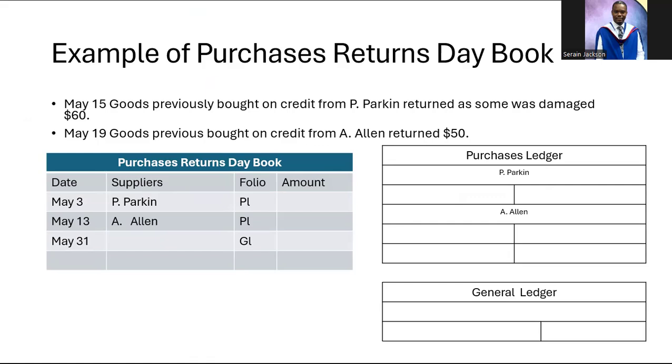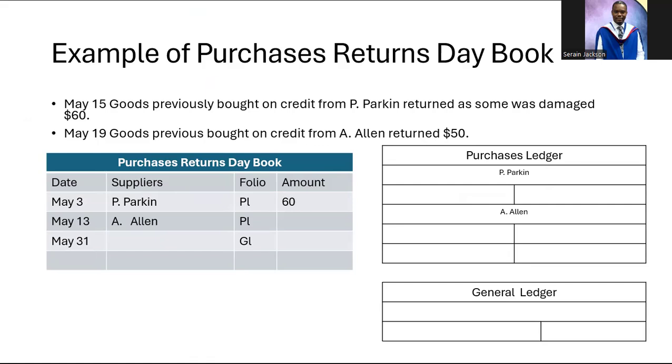So you have May 3, the name of the supplier, P Parking, because he's the one you're returning the goods to, and the other side of the transaction is in the purchases ledger, and then you put in the amount, which is $60. Now, in the purchases ledger, P Parking's account would be debited in this instance, because we are sending back goods to him.